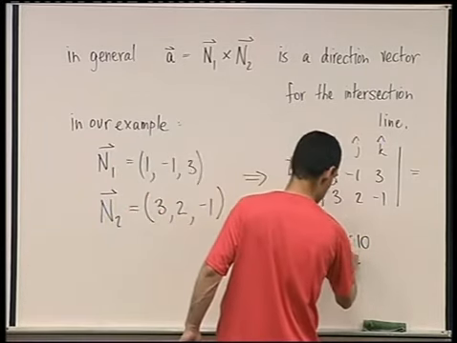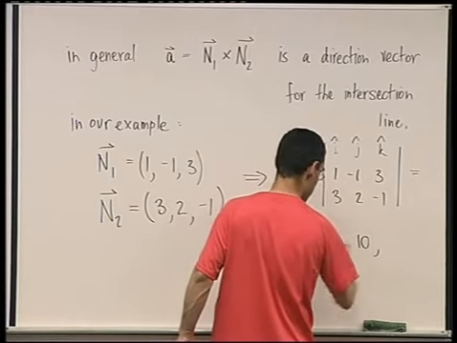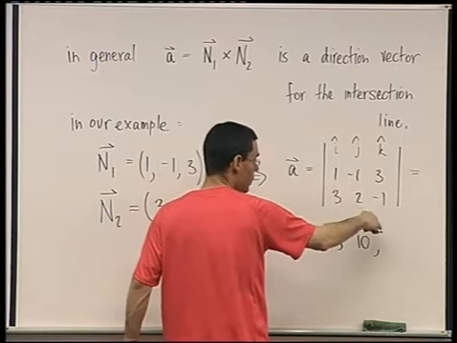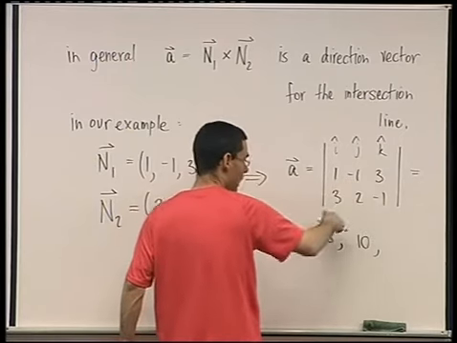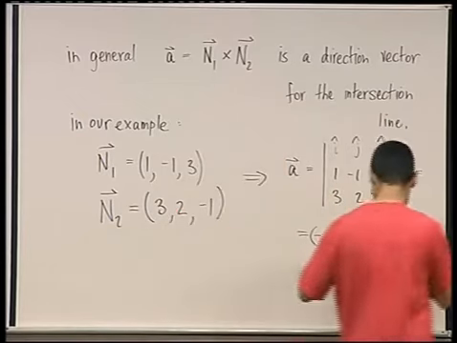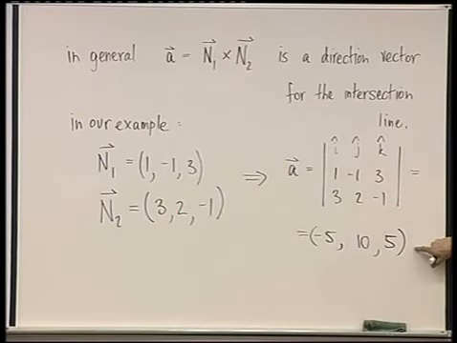And so let's erase this minus altogether. So -5, 10. And then in the K direction, I have 2 minus minus, so plus 3. So I get 5 again. So this is the direction vector. -5, 10, 5. Do you agree? Everybody good? Okay, so that's in our example.